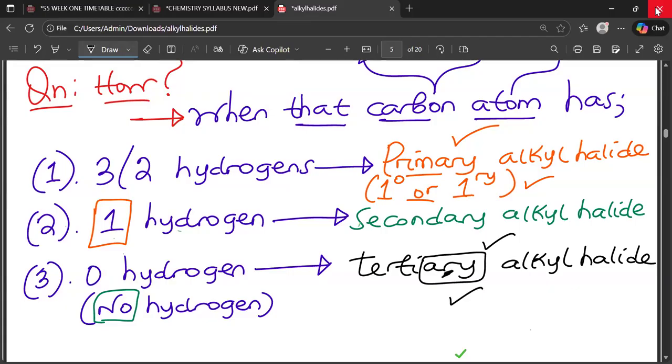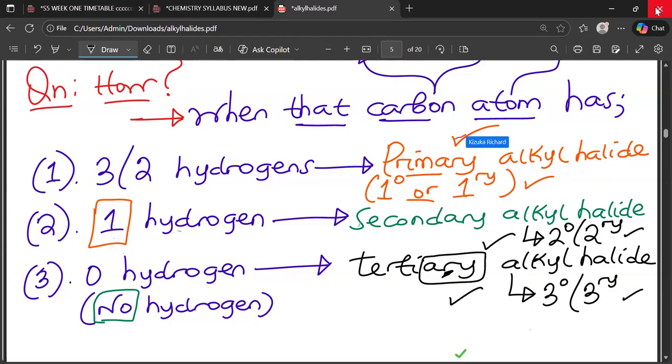So for secondary, just like primary, if they don't use 2 power 0, they use like that. Even tertiary, when they don't use 3 like that, they do this. Because all end in RY. That's what they usually do in science.